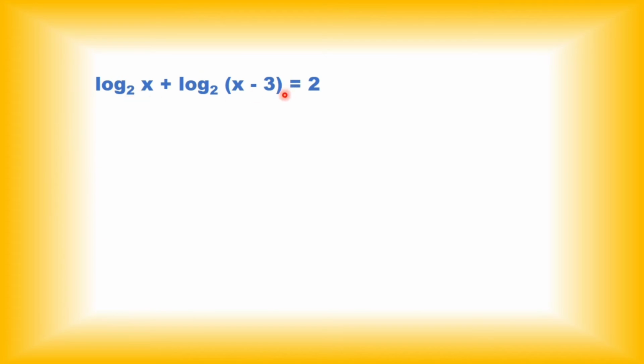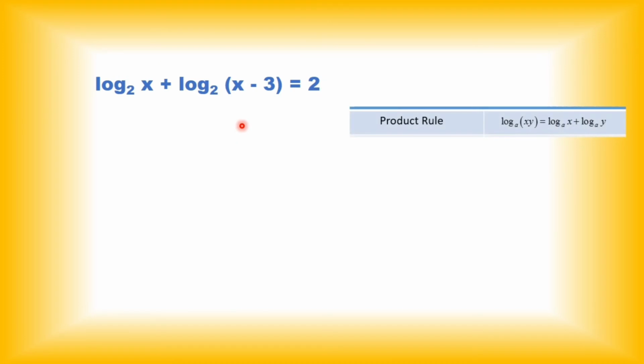In this problem, ang gagamitin nating property ay product rule. Dahil meron siyang sum of two logs. The product rule says the product of the logs is the sum of the logs. So, i-multiply natin yung x and quantity of x minus 3. Gagawin natin itong single log.